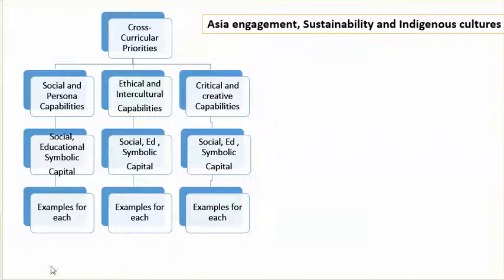What concepts do we have that will help us think where to start? We can't start here. Obviously, with Asia engagement, sustainability, and indigenous cultures, they are such high-level concepts that we just can't teach by training people to say E and type E, and then saying B and type B, and all of that.